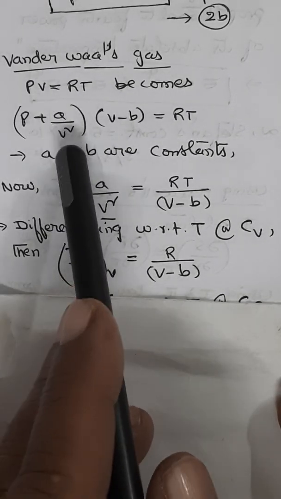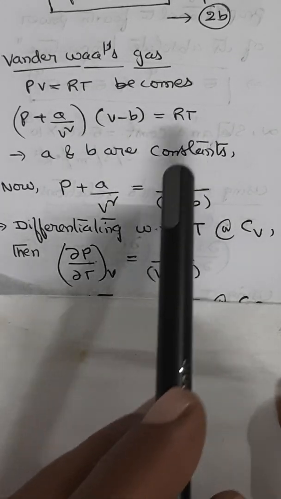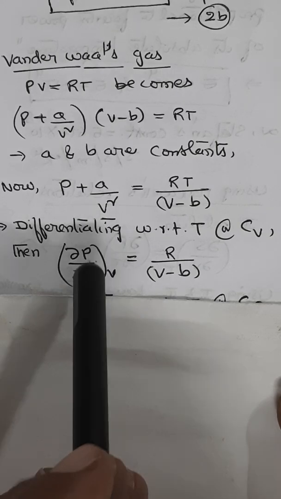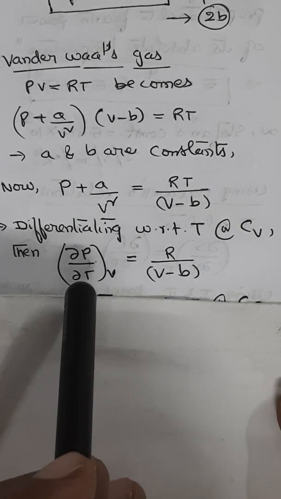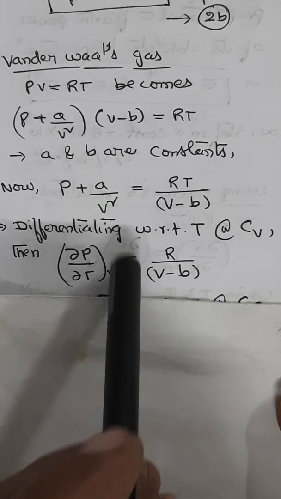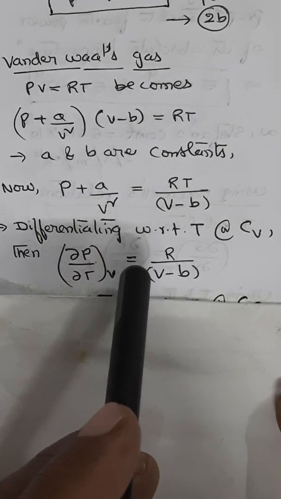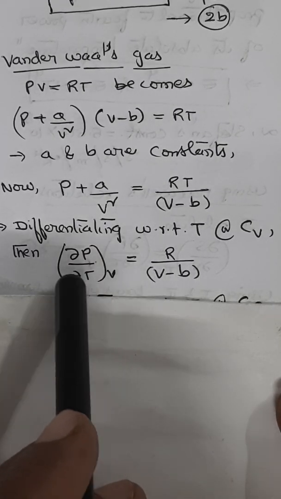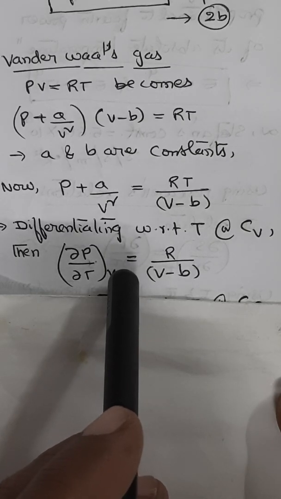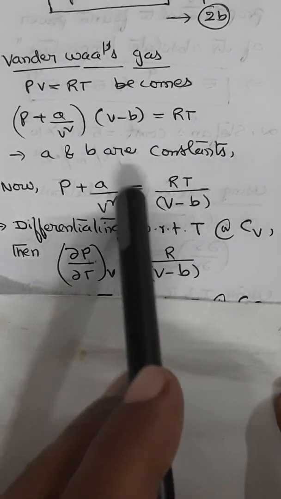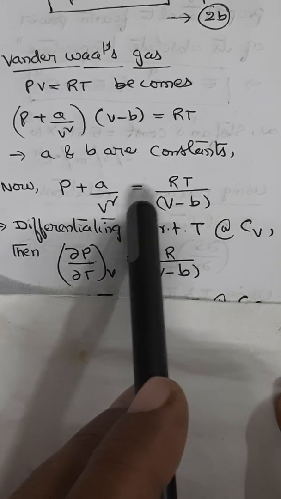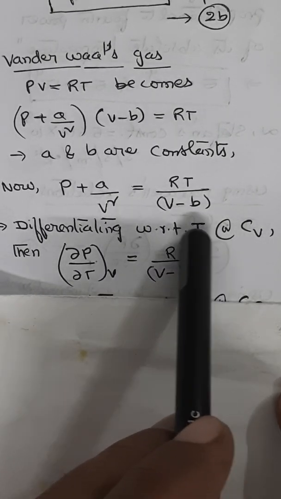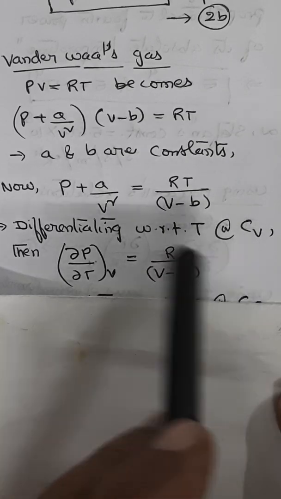This (P plus A by V square) into (V minus B) equal to RT is differentiated with respect to T at constant volume. Then you will have ∂P/∂T at V on the left-hand side equal to R by (V minus B). Again, differentiating with respect to T at constant pressure, which earlier we differentiated with constant volume.